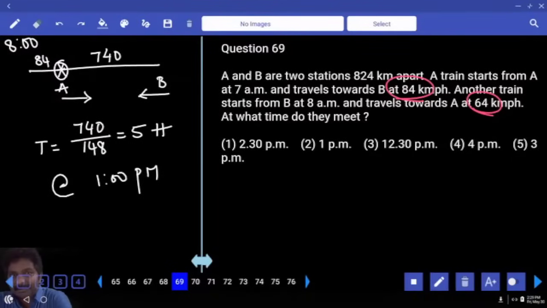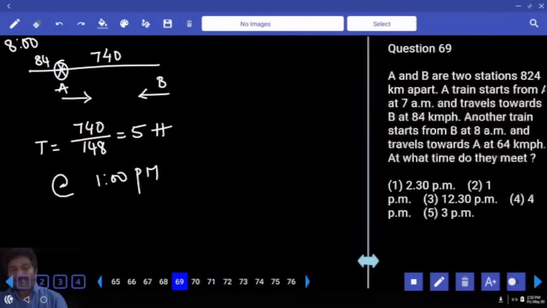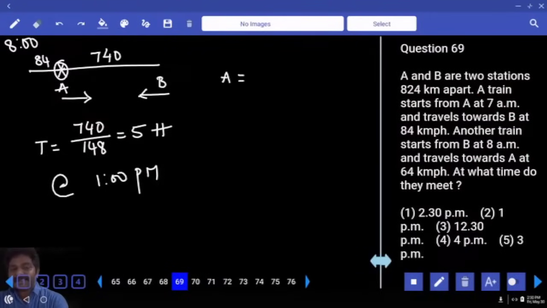Got it? They may ask you how far from station A do they meet, or how far from station B do they meet. They may ask you that question also. From station A, the train started at 7 o'clock. At what time do they meet? 1 o'clock. 7 to 1, how many hours? 6 hours, whose speed is 84 km per hour.